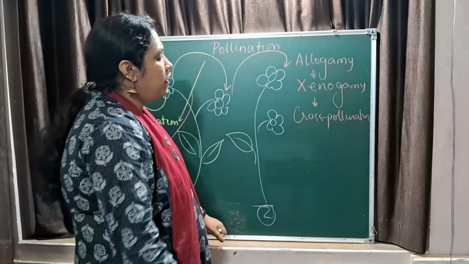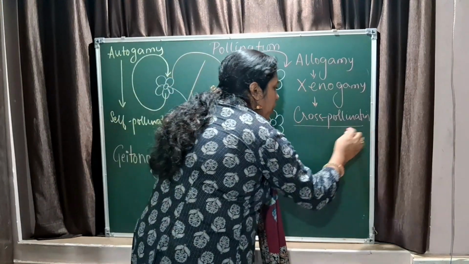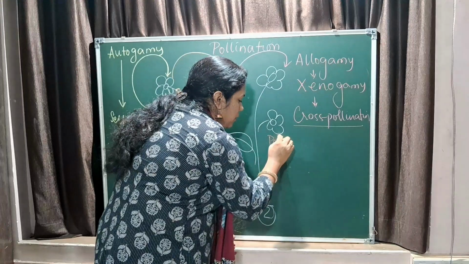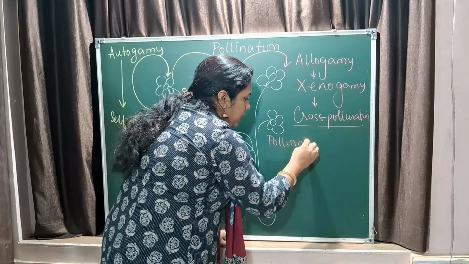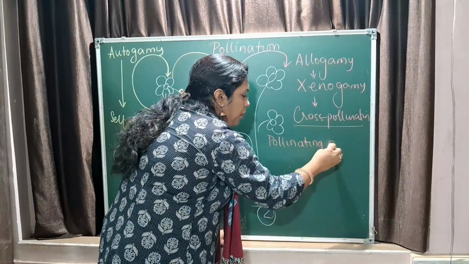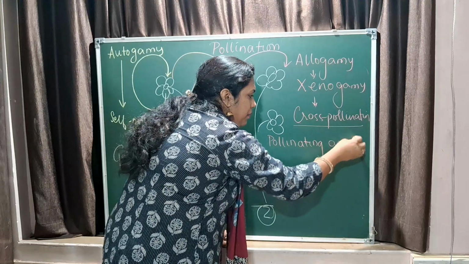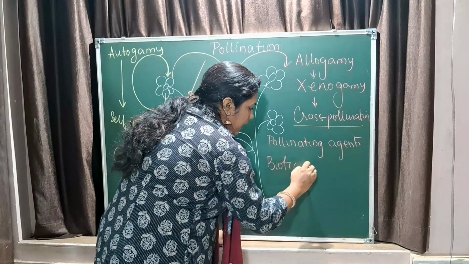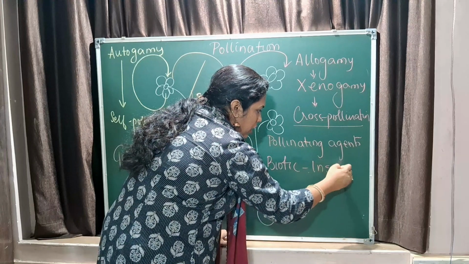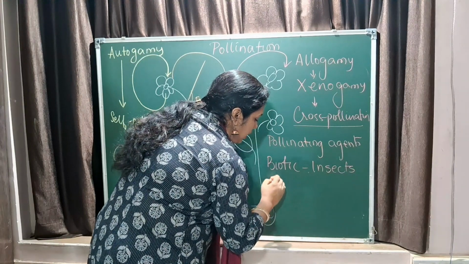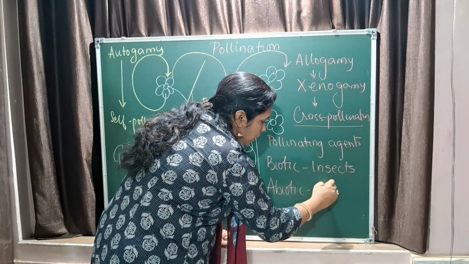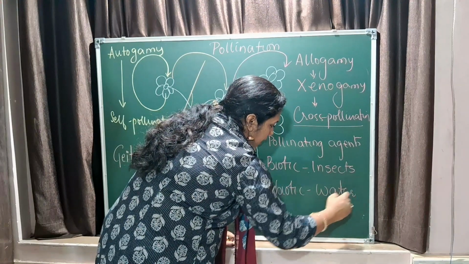Now, in cross-pollination, you need a pollinating agent. Okay, for cross-pollination, we need pollinating agents. Pollinating agents can be biotic, like insects, or it can be abiotic, like water and wind.